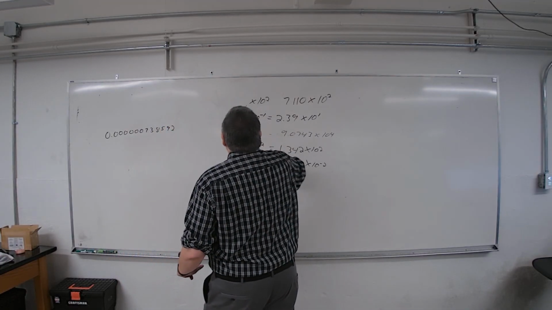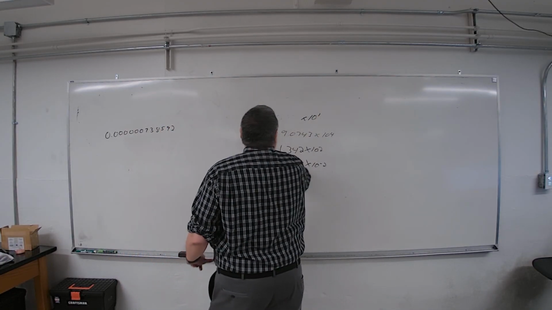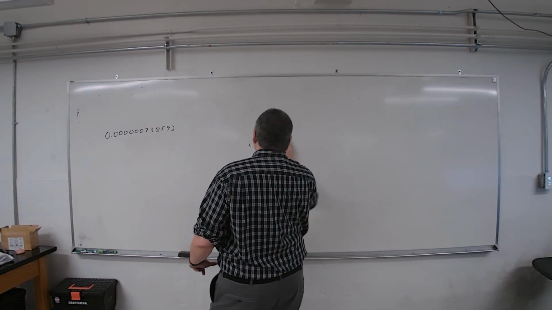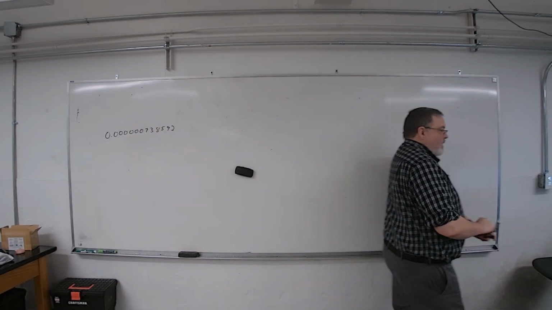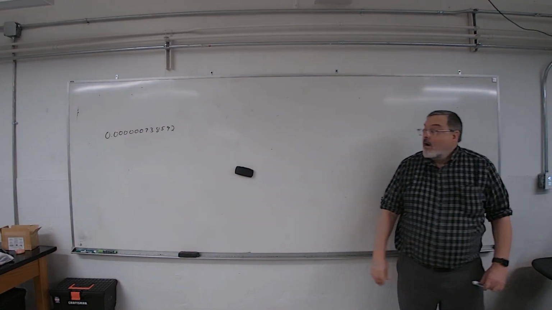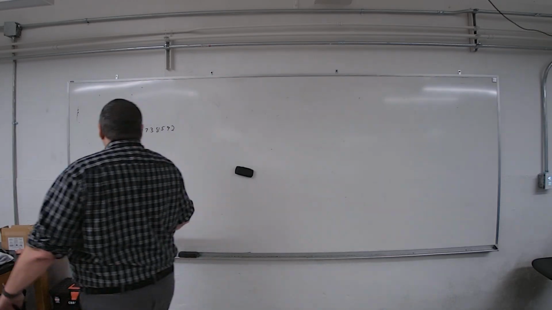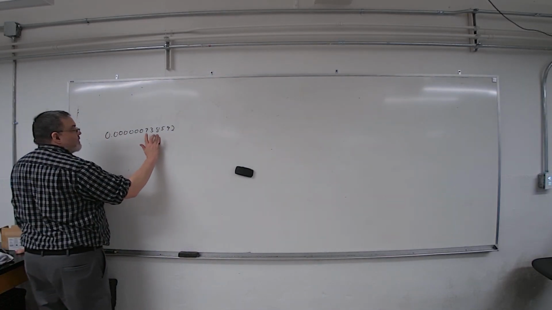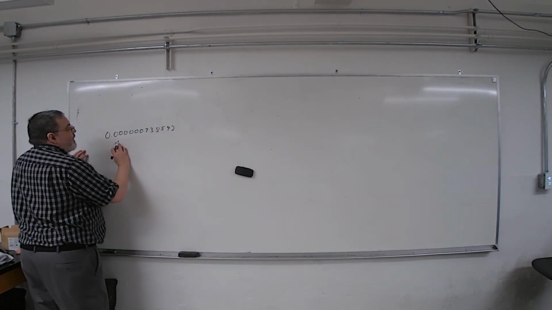How many significant figures are there? Did you say 6? 6. Leading zeros don't count. 1, 2, 3, 4, 5, 6.